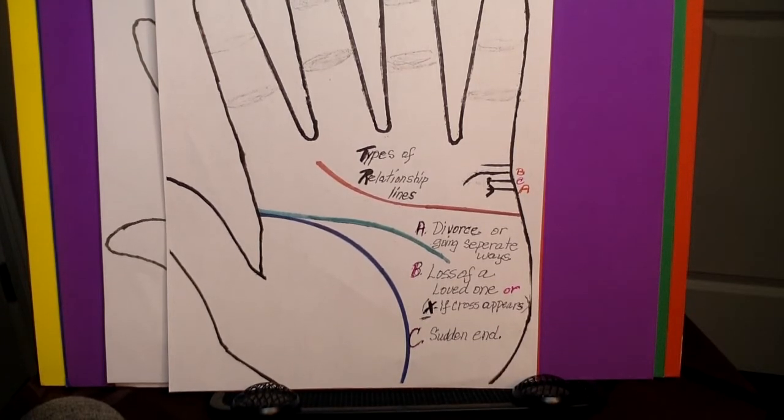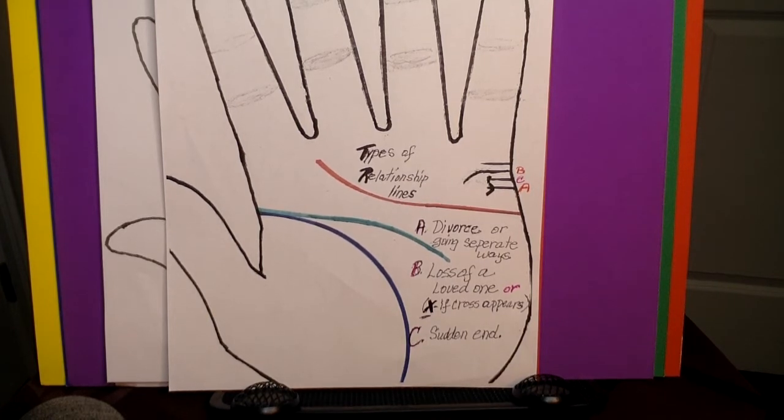Now, if you don't see a curved line and that happens, you could also see an X at the end, or in palmistry, we call it a cross. So you might see a cross or you see the curved line. The person has passed away and you're still living on.